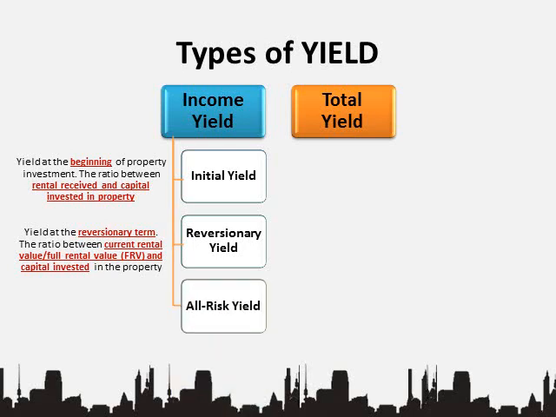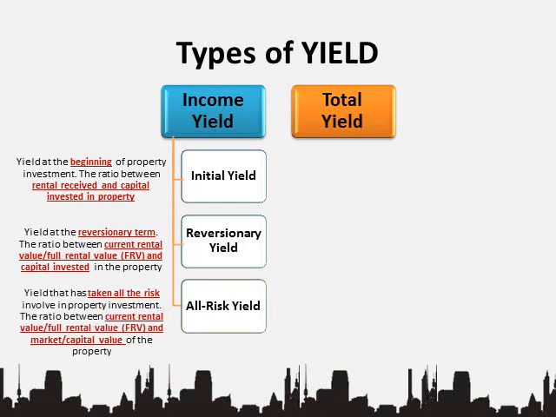So the last one is all risk yield. All risk yield is the yield that has taken all the risk involved in property investment. We could say that this is the best yield, because it already takes into consideration all the risk involved.